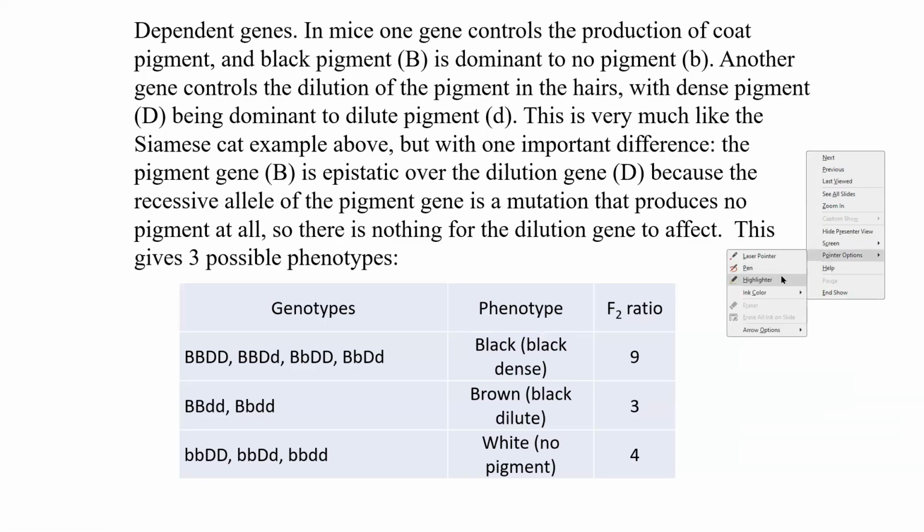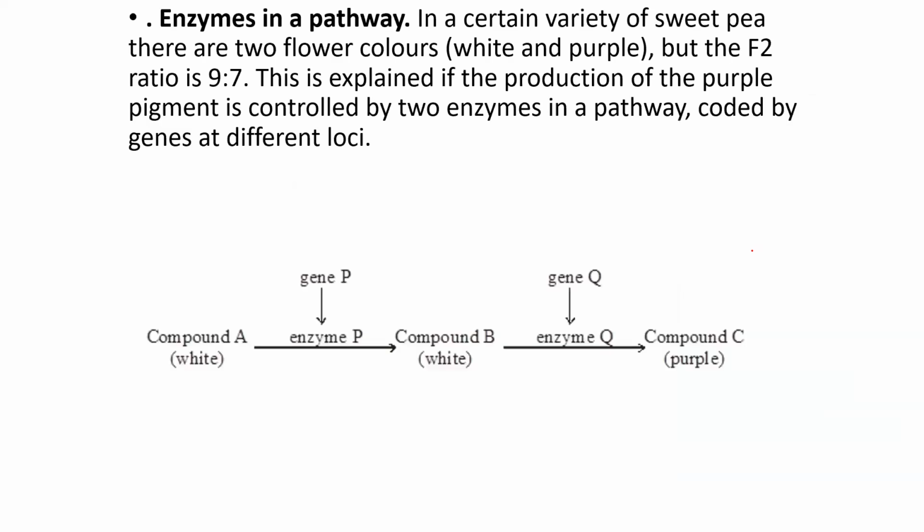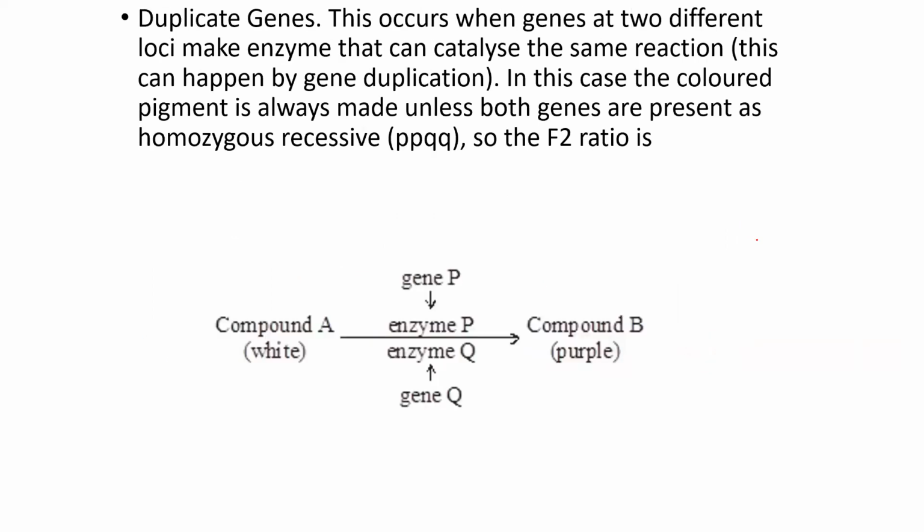We have enzyme pathway epistasis, in which one gene controls an enzyme that is required for another gene to function properly. We have duplicate gene epistasis, in which you have multiple genes both affecting the same gene in the same way. Okay? So those are our 3 types that we looked at.